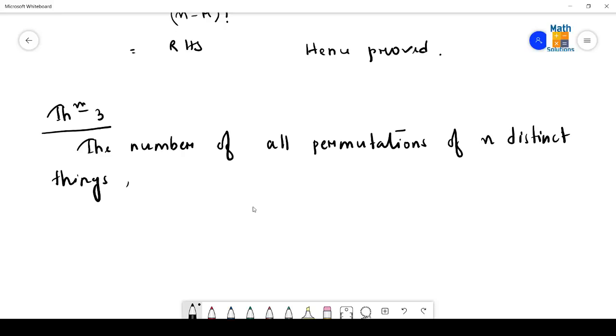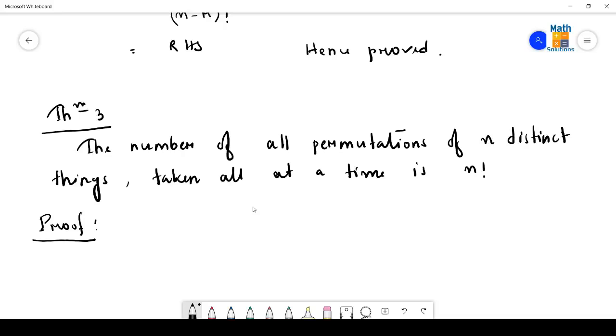Here it is what? Taken all, not taken r. Taken all at a time is n factorial.